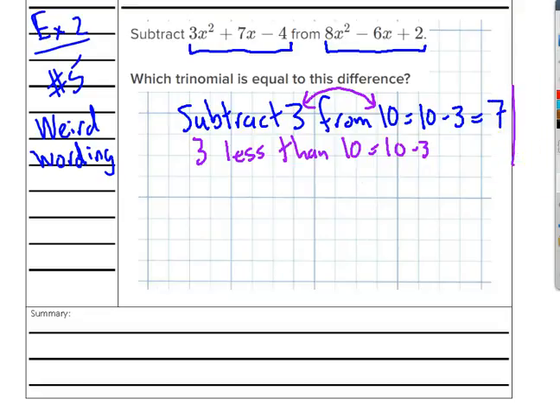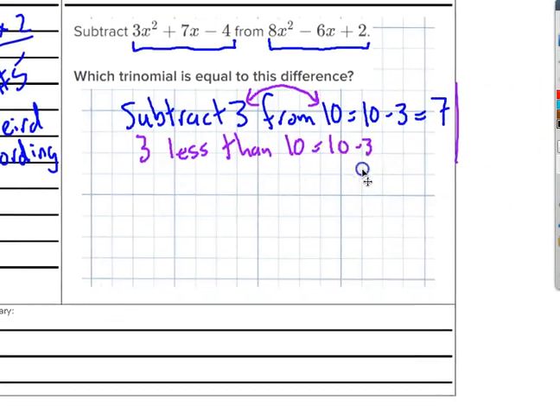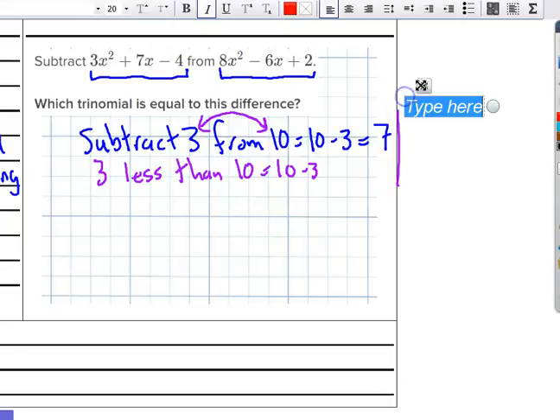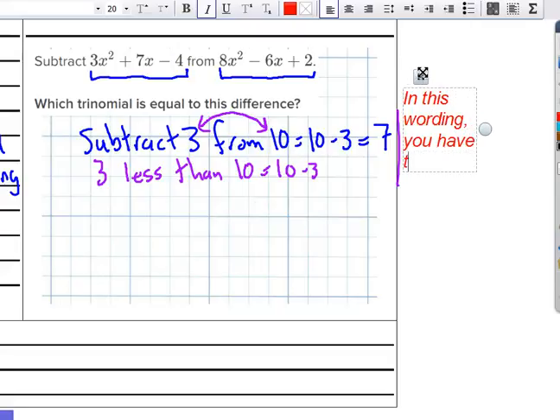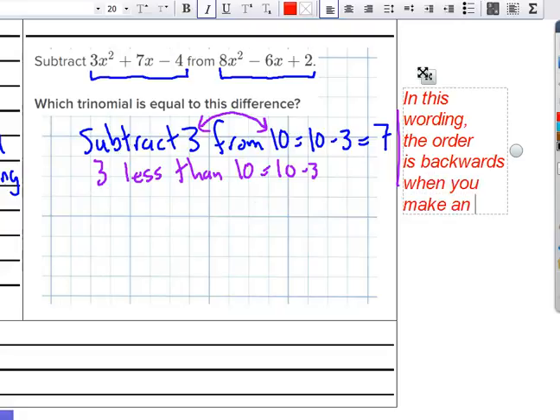So let's summarize that out to the side here. In this particular wording, the order becomes backwards from what the expression is going to be.